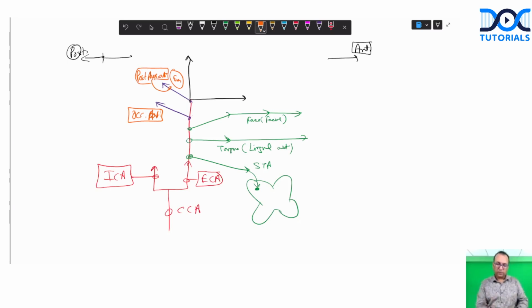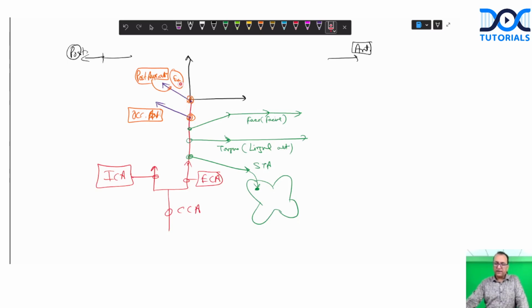So as you are telling, the 2 posterior branches: one is going to the occipital bone posteriorly, so it is occipital artery.